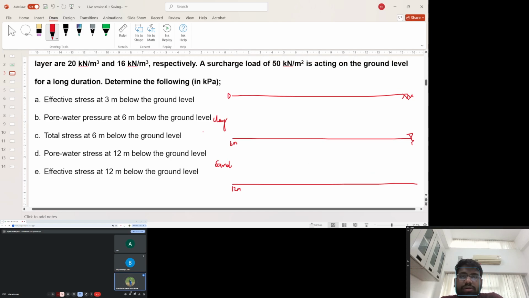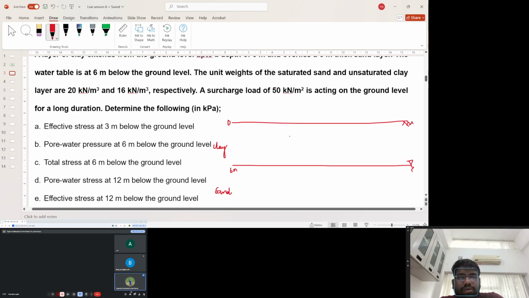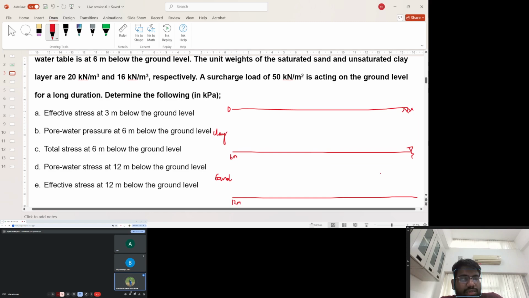Alright. So second, saturated sand is 20 kilonewton per meter cube. Unsaturated clay, let us consider it as dry.